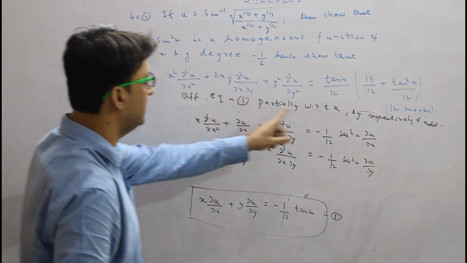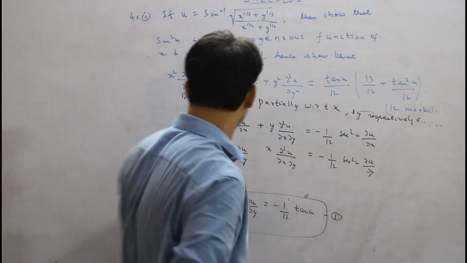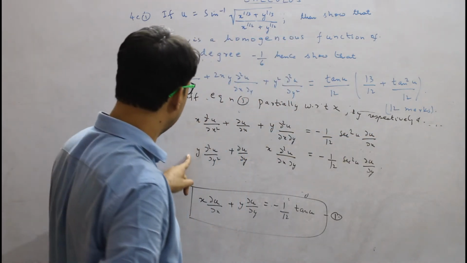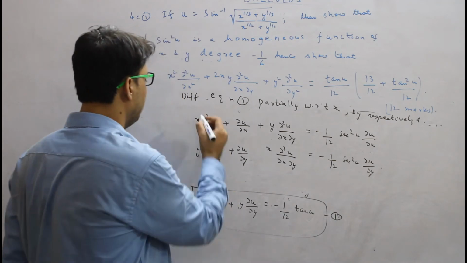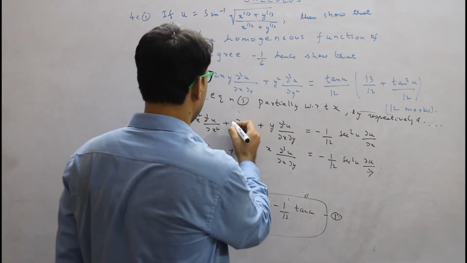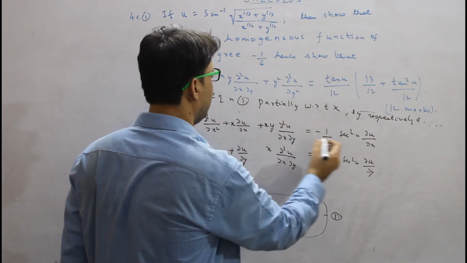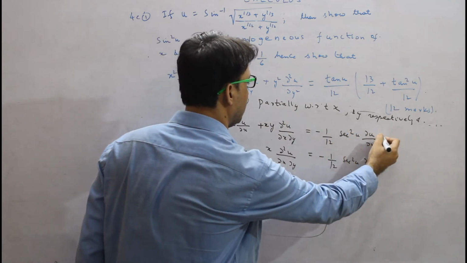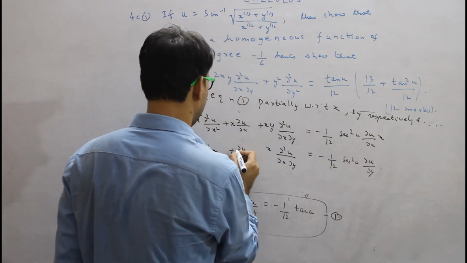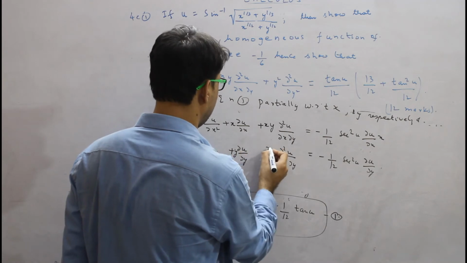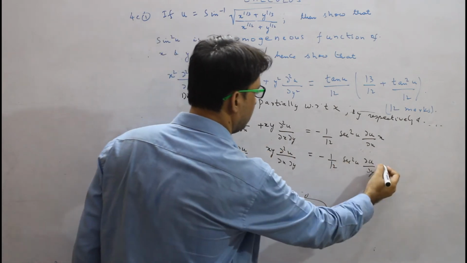Now I will not add it, I will multiply these two equations, this with x and this with y, and add this. So when I am doing it, this becomes x², this becomes x, this becomes xy, this becomes x, this becomes y², this becomes y, this becomes y, this becomes y.